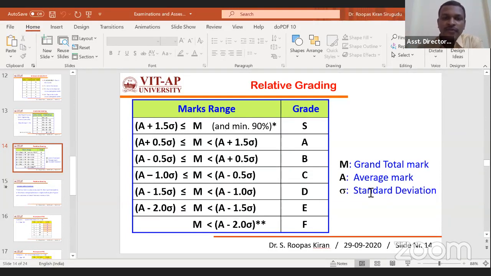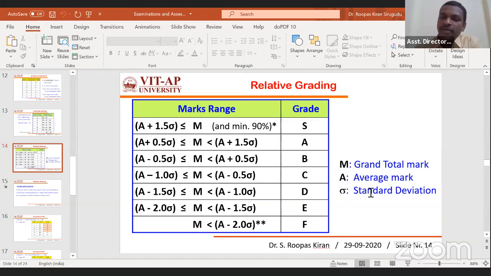So each quiz will give you 5 marks. Out of those 9 tests, you must attend a minimum of 6. We are taking 30 marks out of the quizzes: 6 quizzes into 5 marks each is 30 marks.